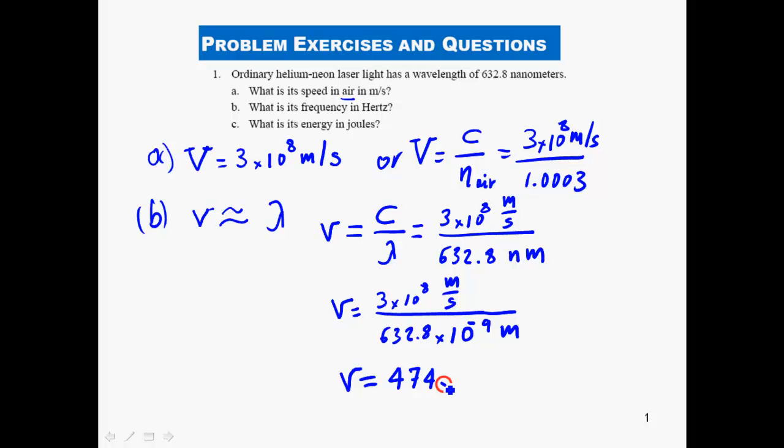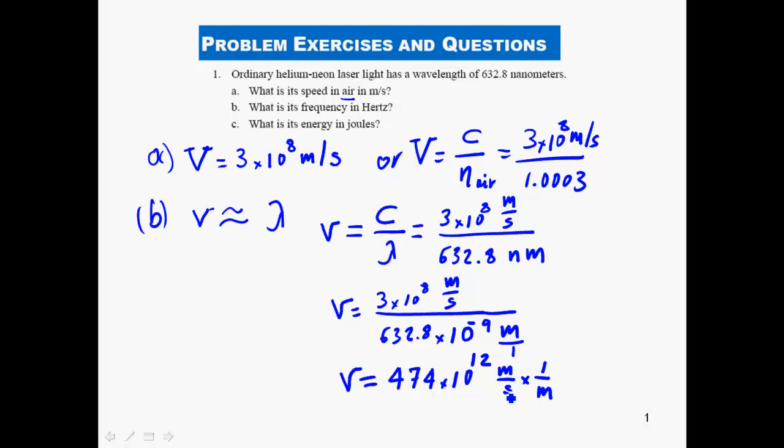474 times 10 to the 12, because this 10 to the negative will go up on the numerator and become positive. Now, look at the units here. You have to be careful with the units, okay? It's meter over seconds, and here's meter over 1. So what you do, you have meters over second times the inverse of that, 1 over m.